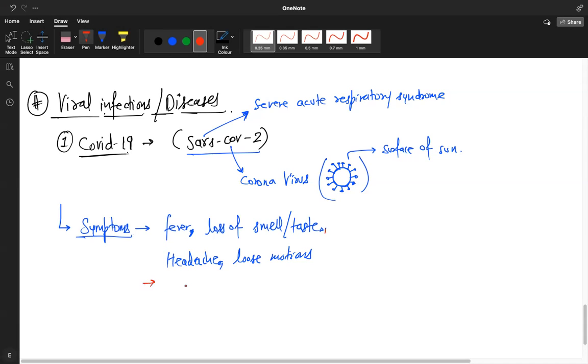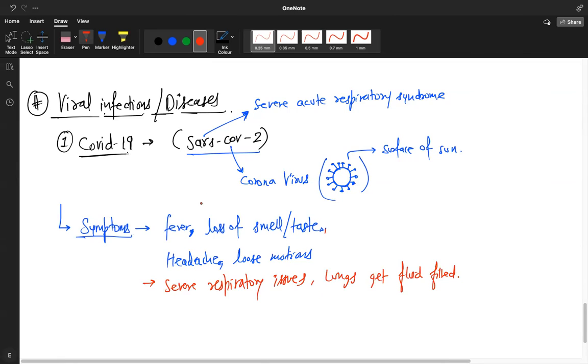Now, for some severe symptoms, what happens is severe respiratory issues, right? This might occur. The person finds it very difficult to breathe. There is fluid filled in the lungs. So lungs get fluid filled. Mostly these happen, right?